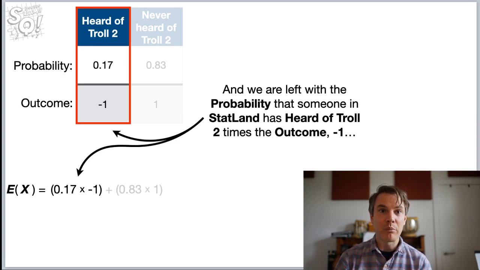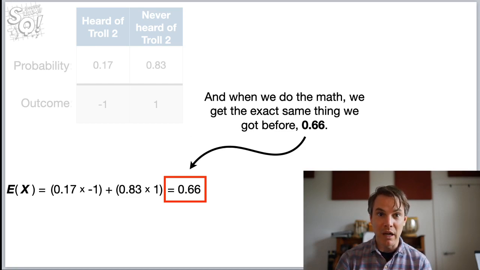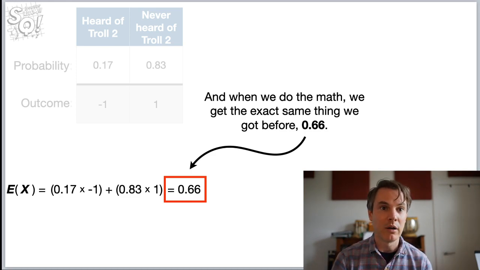And we are left with the probability that someone in Statland has heard of Troll 2 times the outcome, -1, plus the probability that someone has not heard of Troll 2 times the outcome, 1. And when we do the math, we get the same thing we got before, 0.66, because those hundreds just cancel out. So of course we're going to get the same result.